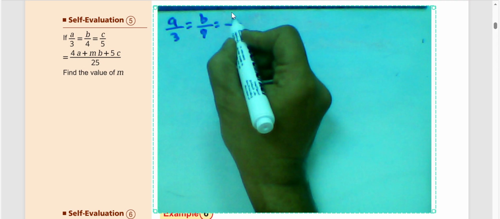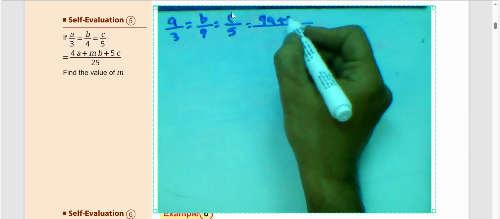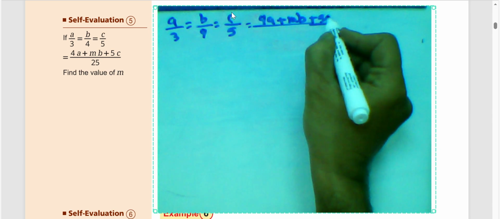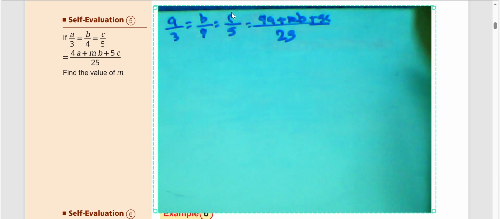Okay, self-evaluation number 5, we have a over 3 equal to b over 4 equivalent to c over 5, equivalent to (4a + mb + 5c) over 25. How can we solve the example?